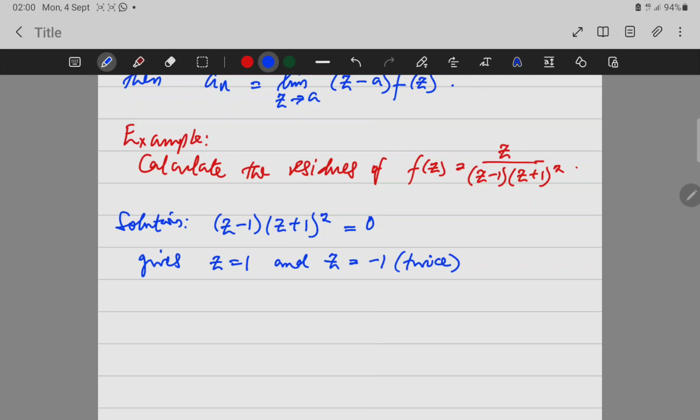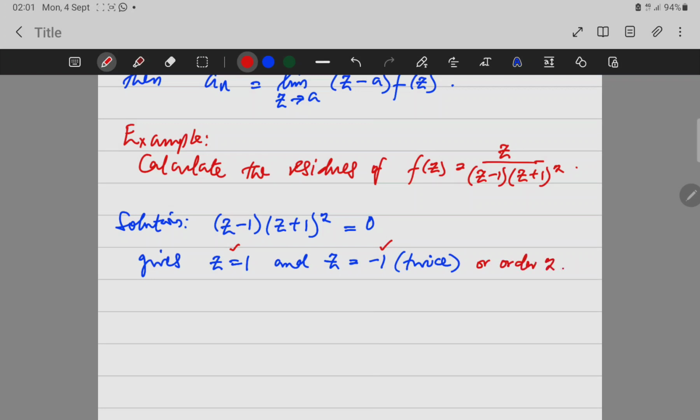So we now have z is equal to 1 as a pole of order 1 and z is equal to minus 1 as a pole of order 2.